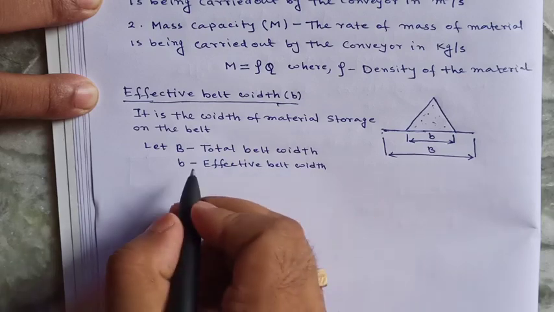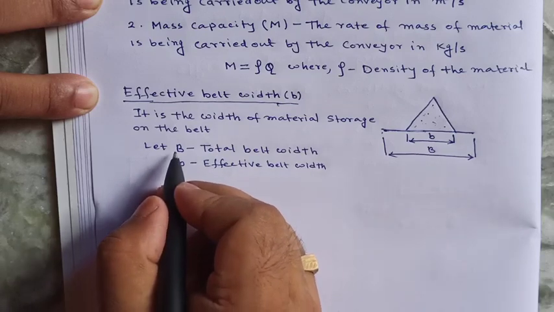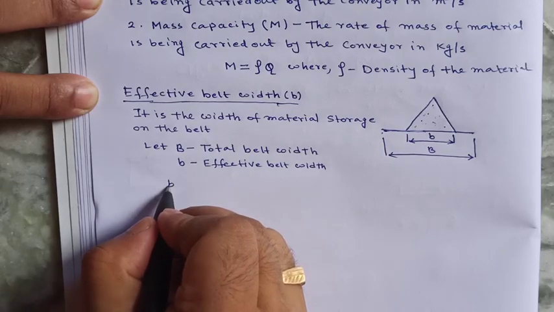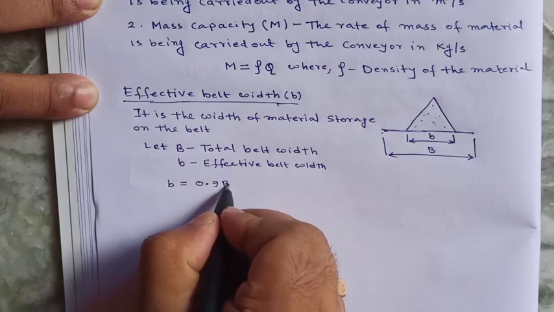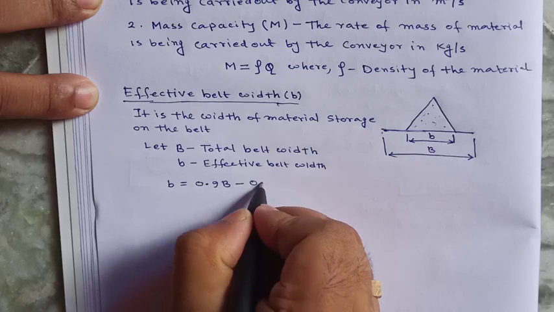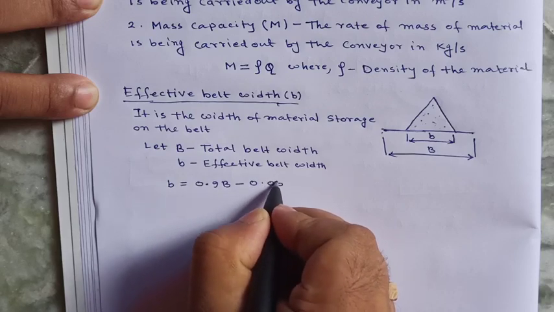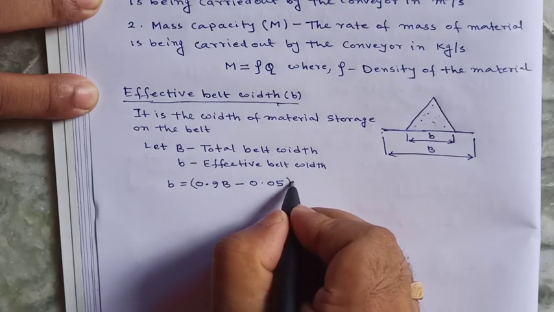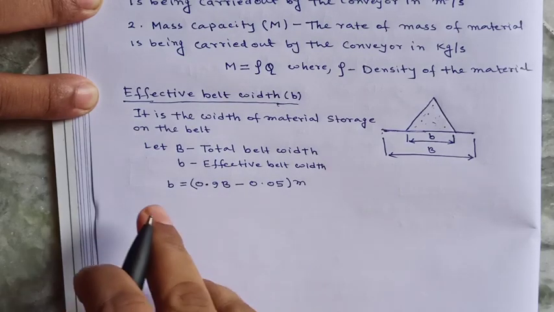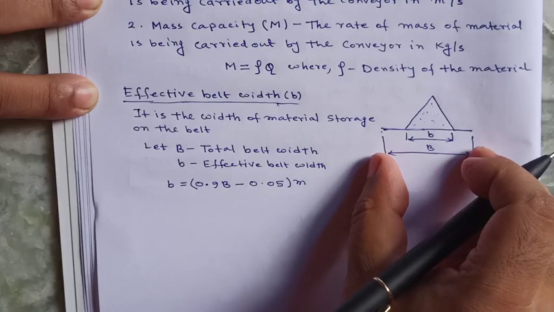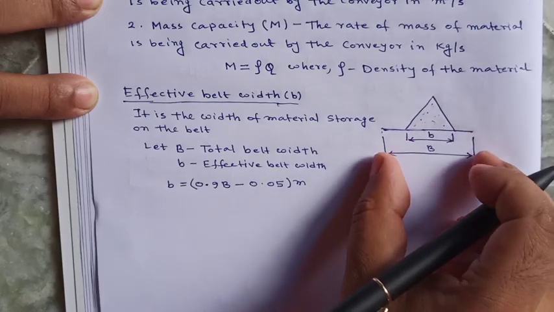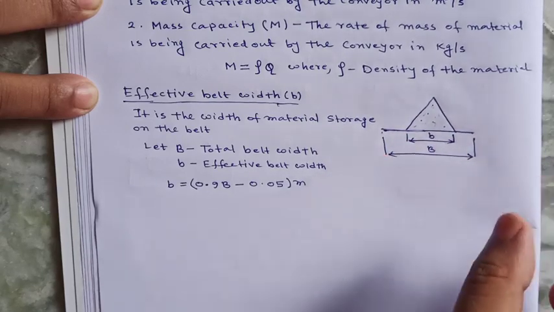Then the relation between small b and capital B is this: small b equals 0.9 capital B minus 0.05, and it is in meter. Okay, this is the relation between small b and capital B. This is the effective belt width, and this is the total belt width.